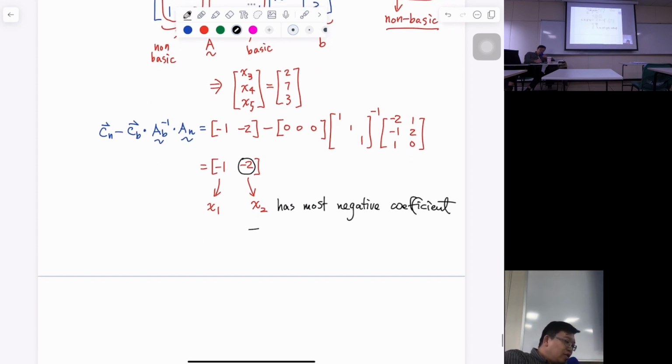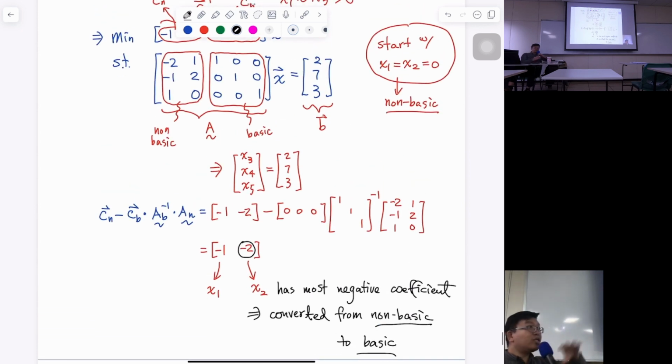So it will be converted from non-basic to basic. So basically, it was 0, later on, positive. Some positive values. Now what do we do?